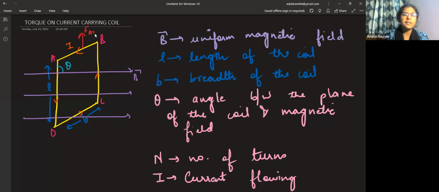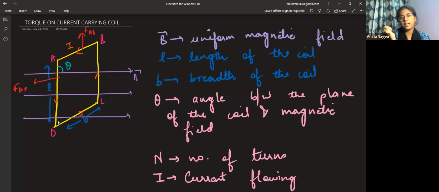This is FAB. Similarly, for AD, it is like this, curling it towards the magnetic field. The force is like this. See, this is B, the force is outwards for it. So for outwards, it would look like this, FAD. Then CD, like this.